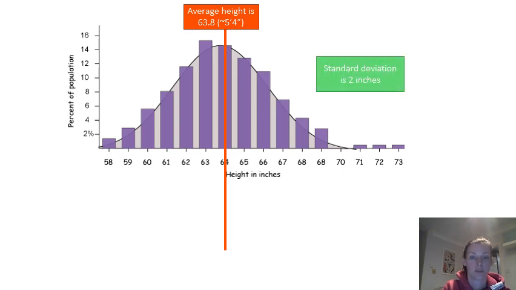So somebody's already done the standard deviation for this, but the standard deviation is 2 inches. So 68% of the population will fall within these ranges here. The 68% of the population will be between 62 inches and 66 inches.